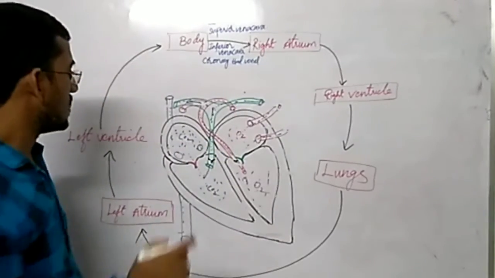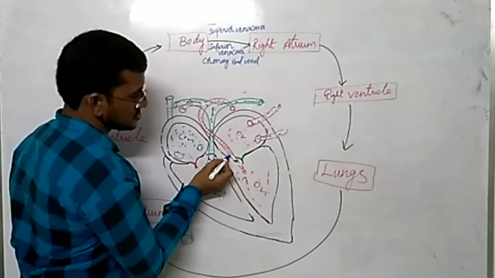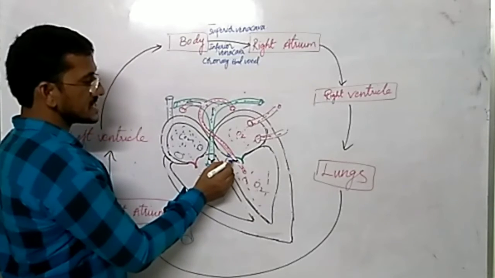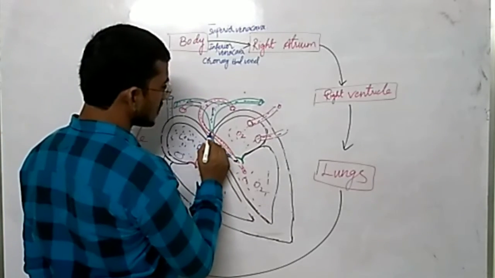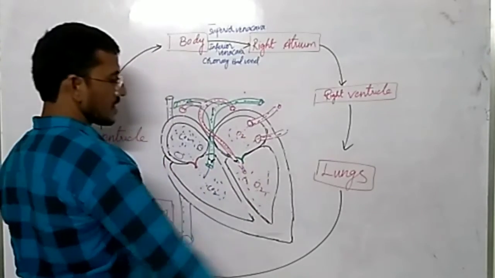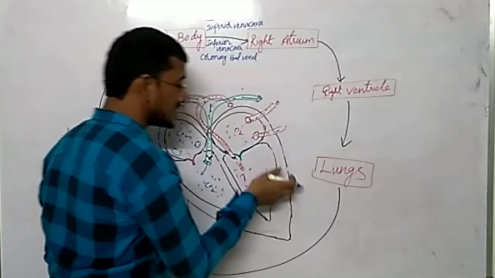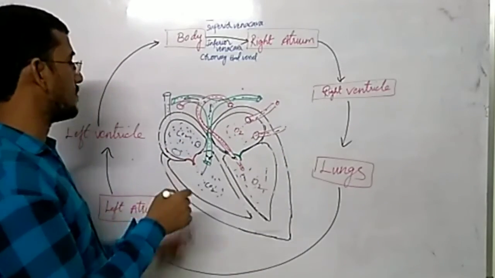Coronary blood vessel generates from here, systemic aorta. So coronary blood vessels will generate from here. It collects oxygenated blood and it enters into the wall of the heart. Coronary artery will take pure blood. Coronary veins will bring deoxygenated blood here.